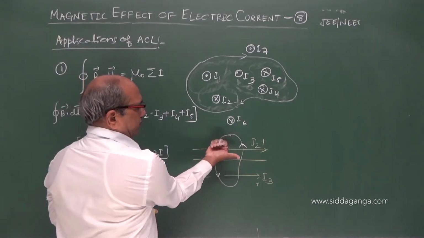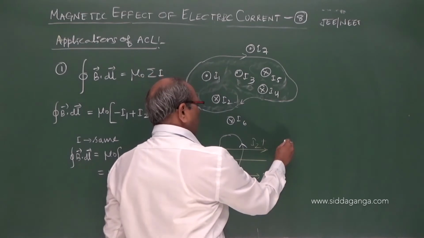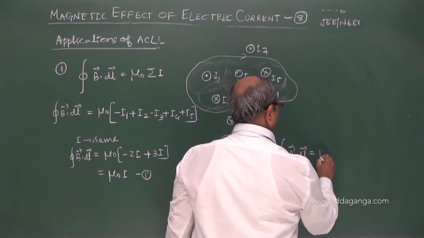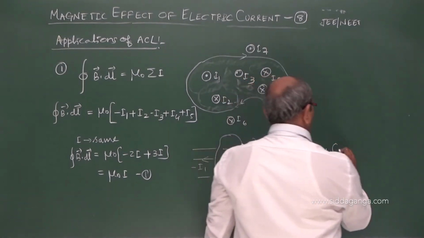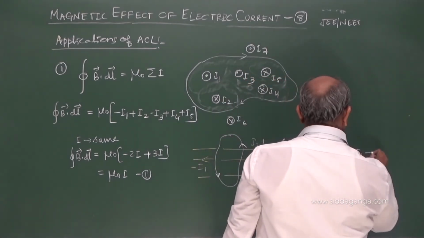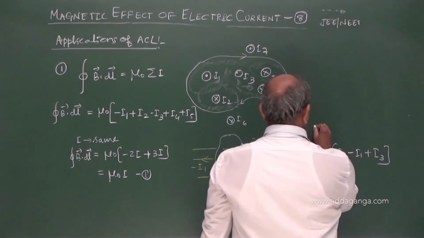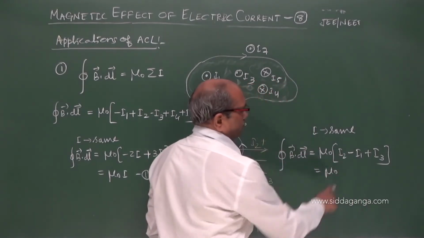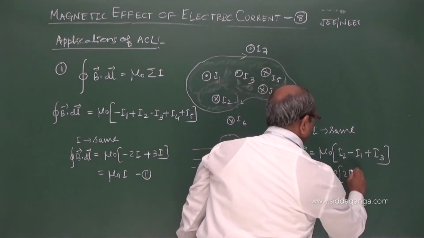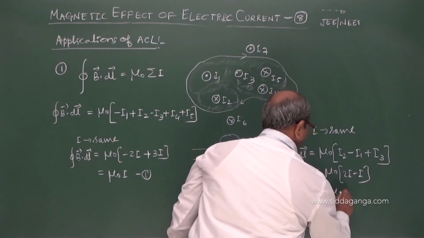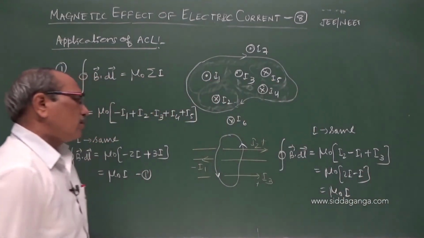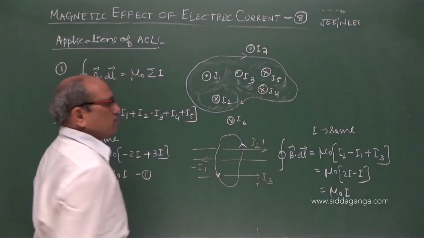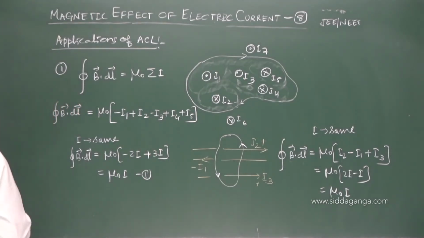Therefore I can write the magnetic field B dot dl equal to mu naught into (I2 minus I1 plus I3). If I is the same, then it becomes mu naught into (2I minus I), becoming mu naught I. So for B dot dl, the angle between B and dl is most important in this calculation.